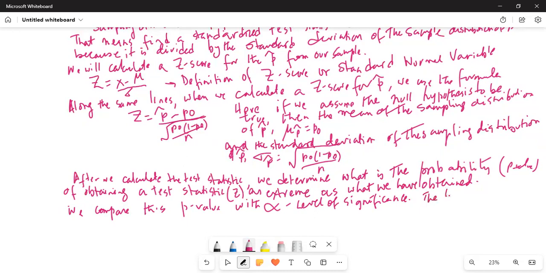Level of significance alpha is the maximum probability of making a type 1 error.